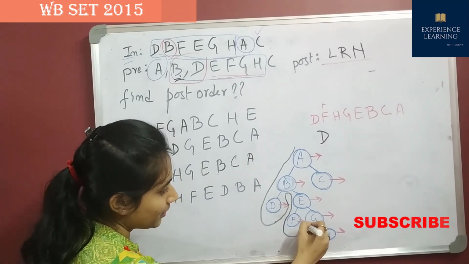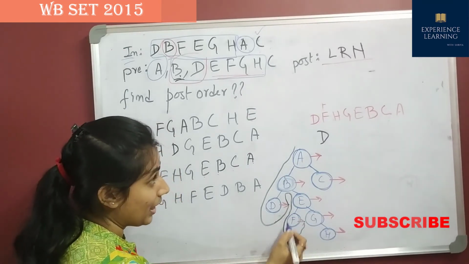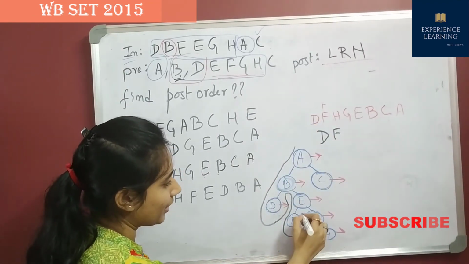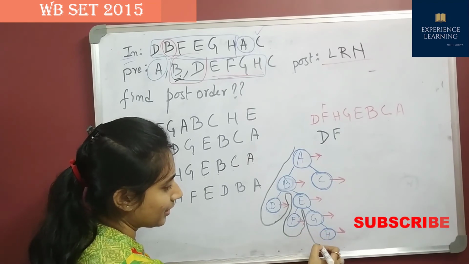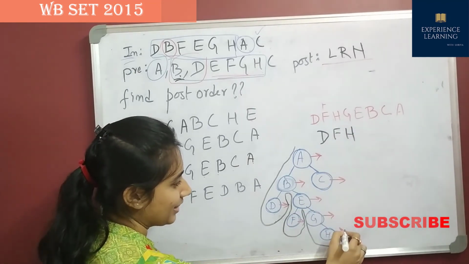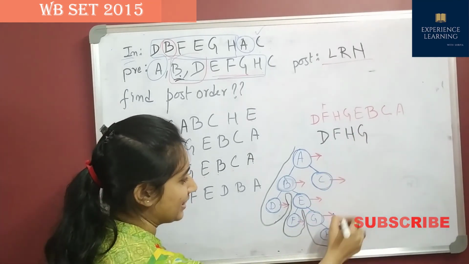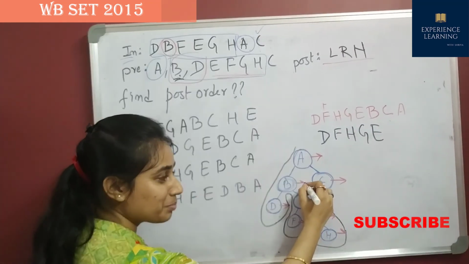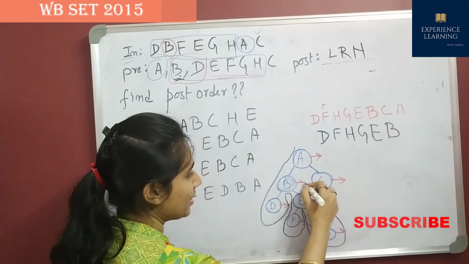Next, which one is it touching? F arrow. Okay, F. Now which one is it touching? H. Touch G. Touch E. Next B. It's touching B.